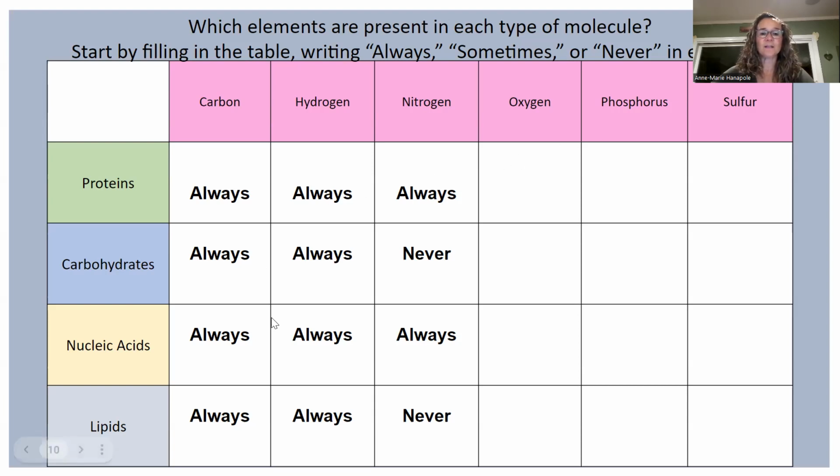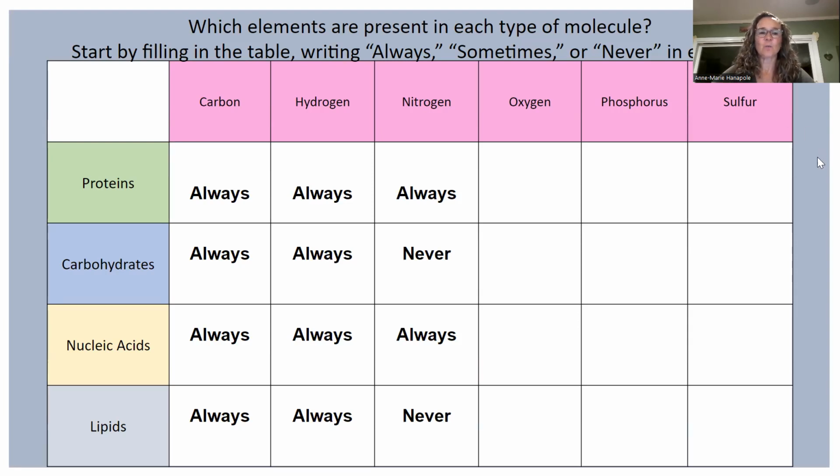We're also going to find nitrogen in our nucleic acids, because they have those nitrogenous bases as well. Carbohydrates are simply going to be carbon, hydrogen, and oxygen. And with the lipids, we're not going to find nitrogen.